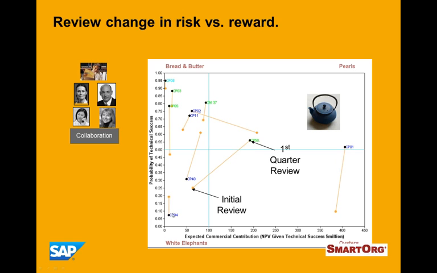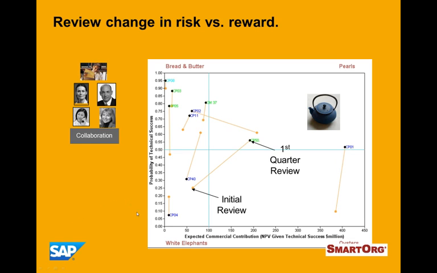Now, this can be time. This can be what-if scenarios. This can be two or three different alternatives depending upon the type of evaluation you're doing. But what you really want to do is track the movement over time of these particular projects.